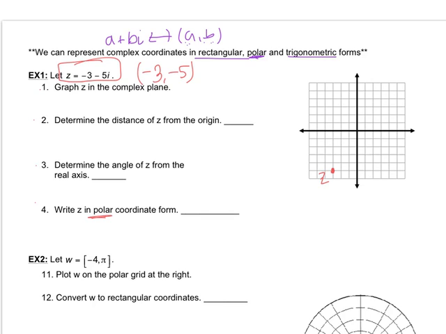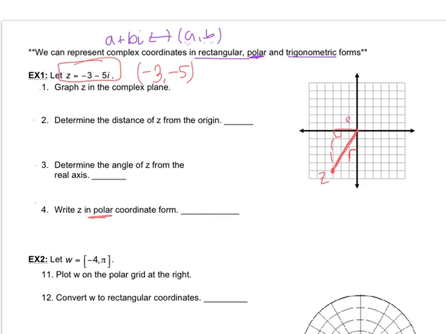Number 2 says determine the distance of z from the origin. That would be this distance right here. To determine that distance, think about what we already know. We can make this little triangle here, and we want to know this distance, but if you're thinking already in terms of converting x's and y's to polar, that's really r, radius, distance from the pole. So we already know that that's the square root of x squared plus y squared.